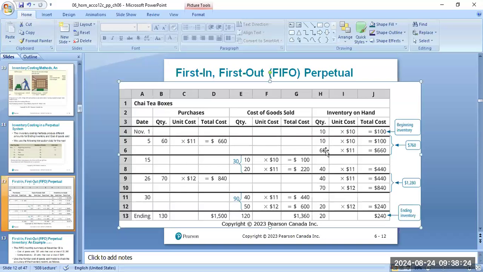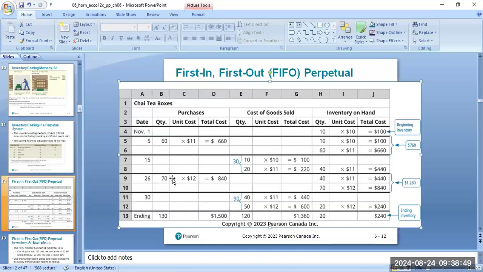I have available 70 units, 10 of which are $10, 60 are $11. On the first sale, I'm selling 30 units. So that means I'm selling the beginning balance of 10 units at $10, and another 20 units from my first purchase, which cost is $11. And I'm getting my cost of goods sold for my first sale.